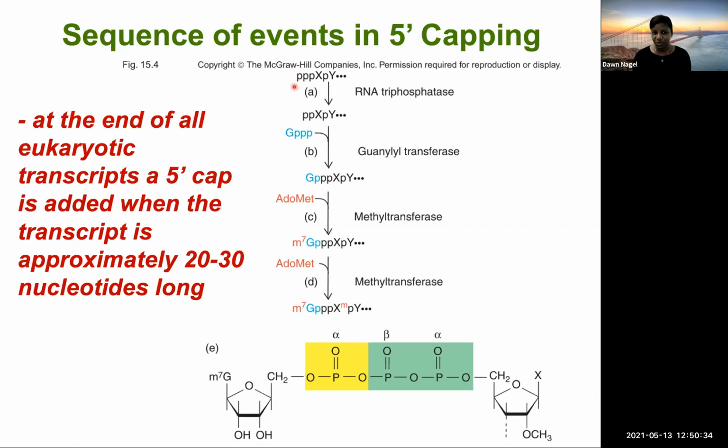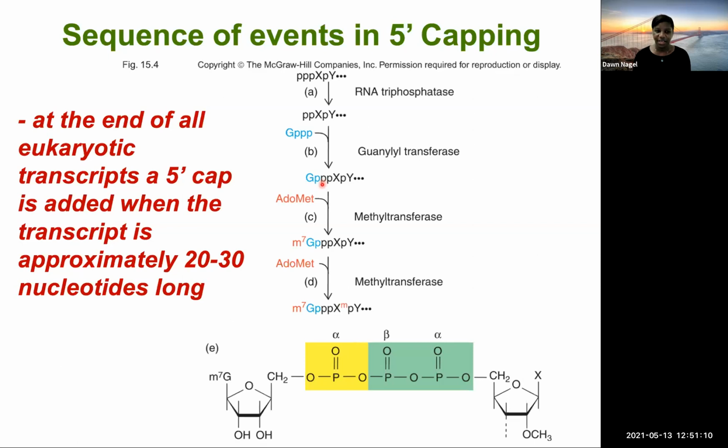The reason it needs to be removed is because you have another enzyme, guanylyl transferase, which will actually add this guanine group to that 5' end, okay? So you're going to be adding a GMP, right? So it's G with just one phosphate that will be added to this group, okay? So it comes in as GTP, and one of those phosphates gets added. Very strange 5' phosphate addition, but this is the bond that's formed.